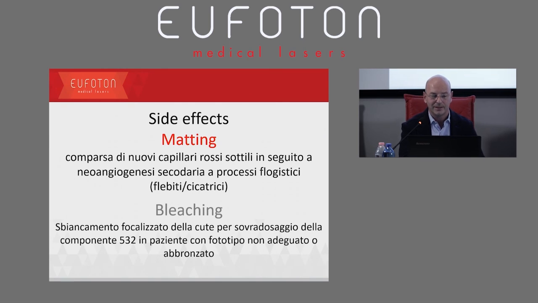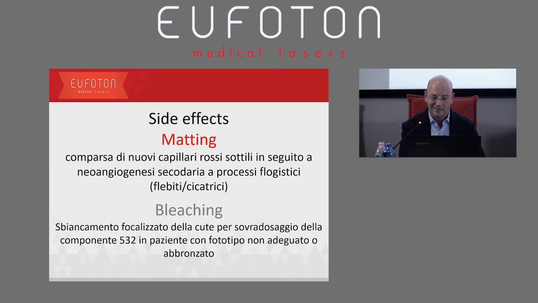Some side effects. Matting, that is new subtle red spider veins that follow secondary neoangiogenesis, phlebitis or scarring, generally around surgical scarring. You see those little red spider veins that you can get rid of, 532 if there's more, or dual boost for a better result if they're bigger.